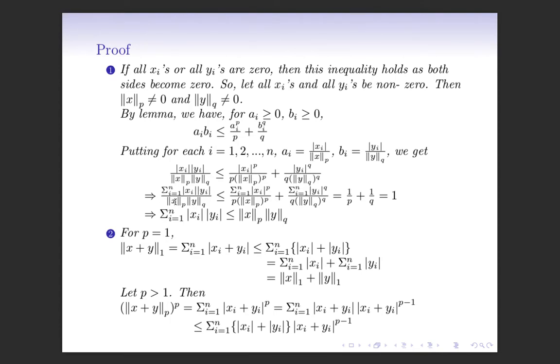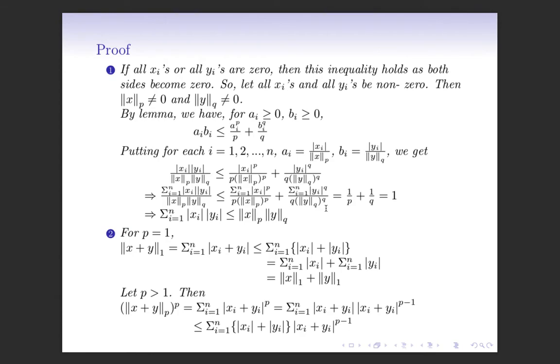So we write summation mod xi mod yi, i varies from 1 to n, divided by norm p of x, norm q of y, is less than or equal to summation mod xi whole to the power p, i varies from 1 to n, divided by p times norm p of x whole to the power p, plus, adding these terms, summation mod yi whole to the power q, i varies from 1 to n, divided by q times norm q of y whole to the power q.